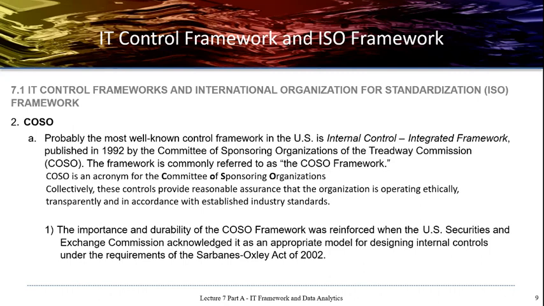COSO is an acronym for the Committee of Sponsoring Organizations. These controls provide reasonable assurance that the organization is operating ethically, transparently, and in accordance with established industry standards. So when you have the COSO standard, you don't have to worry about it. It is an ethical, transparent way of doing business.